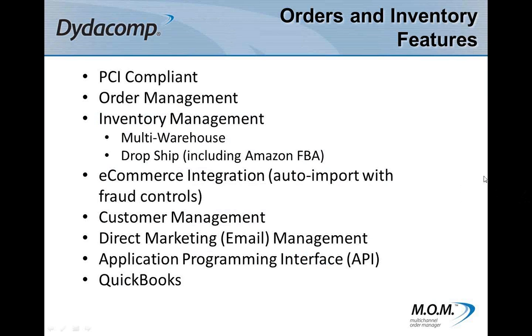Inventory, so we have multi-warehouse, there's dropship, including the Amazon FBA that I mentioned earlier. E-commerce integration, there is auto import with fraud controls. So there's certain fraud controls that are controlled on the credit card side, whether or not the address matches the ship-to address of the order to the bill-to of the credit card.